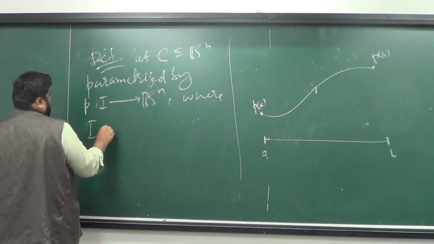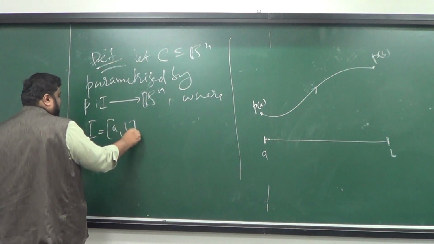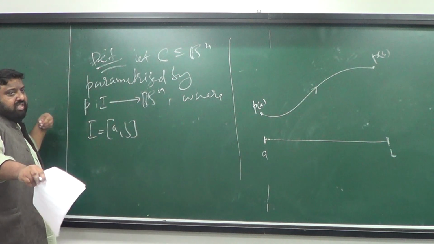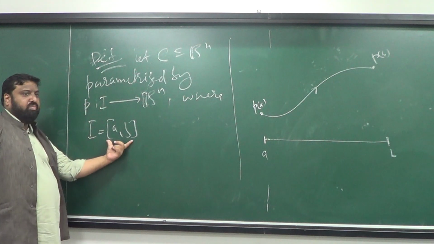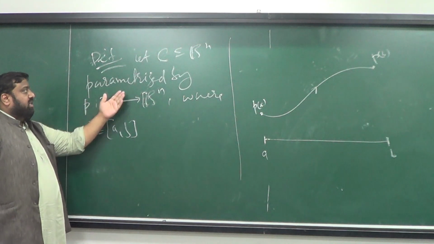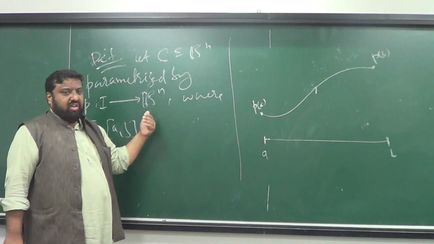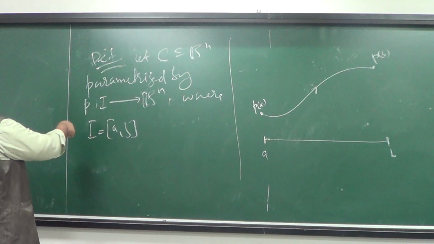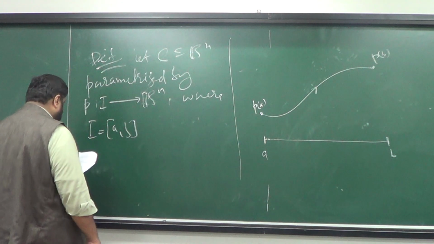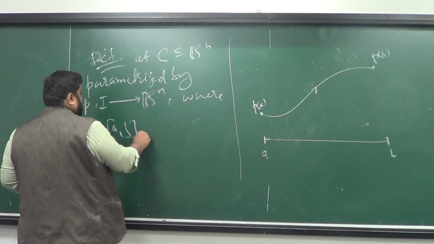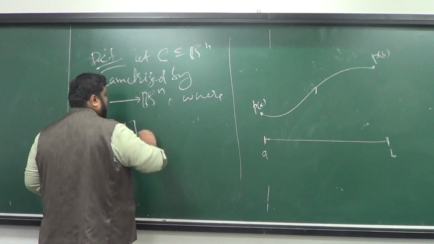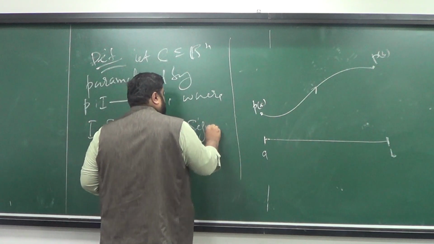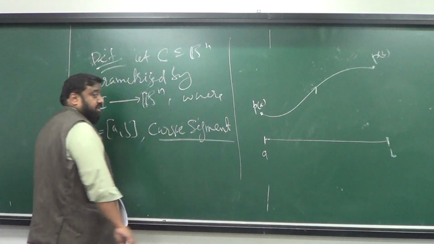If I is an infinite interval, you're going to call it a curve, but if you restrict it to be a finite closed interval, then the same curve would be called a curve segment. So I have a curve with a parameterization P, where the domain of the path is a finite closed interval, and such a curve is called a curve segment.